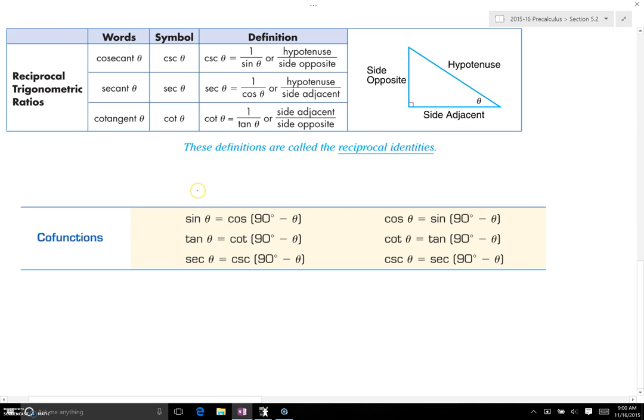So an example of this would be that sine of 30 degrees is equal to 1/2, and what this relationship means is that cosine of 90 degrees minus 30 degrees, which is equal to cosine of 60 degrees, will have the same value, and it's also equal to 1/2, and you can confirm that in your calculator. So that's how these co-functions work. They tell you how sine and cosine are related to each other, or tangent and cotangent, that kind of thing.